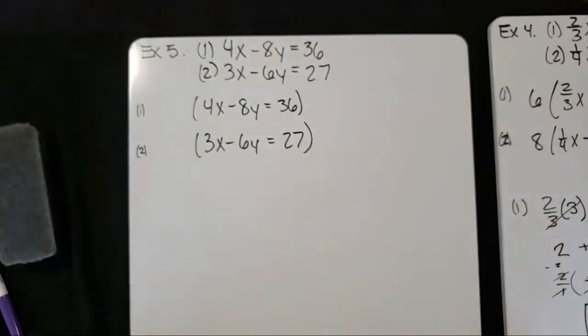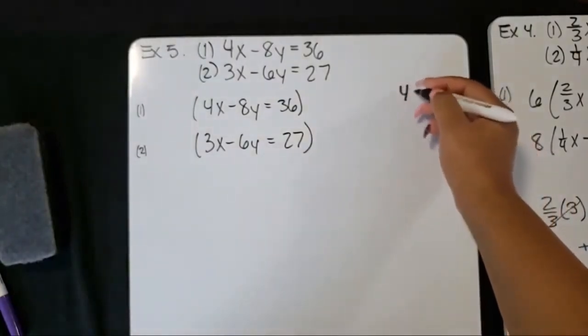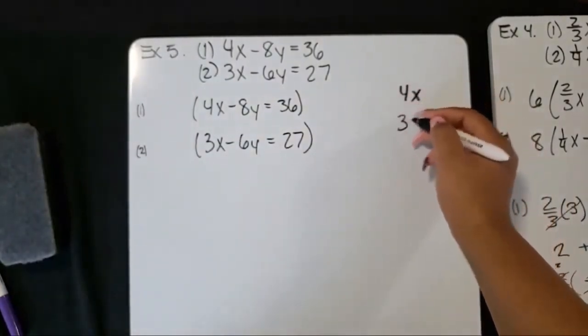If we look at our x's, we have 4x and 3x. If we look at our y's, we have negative 8y and negative 6y. So I think we should cancel out the x's. Let's just look at the x's for a minute.